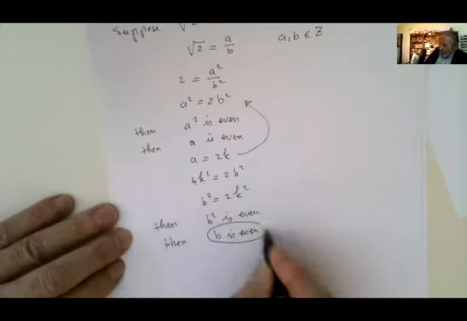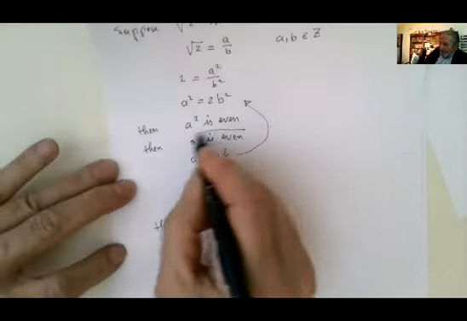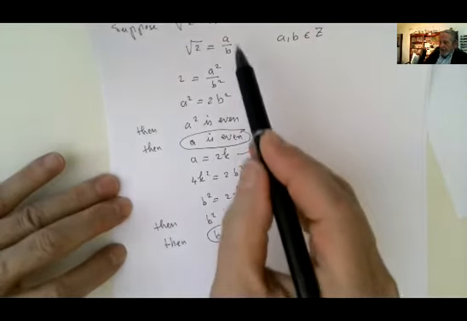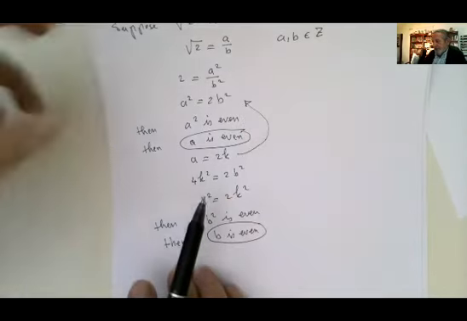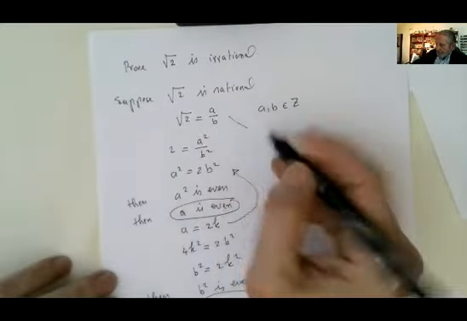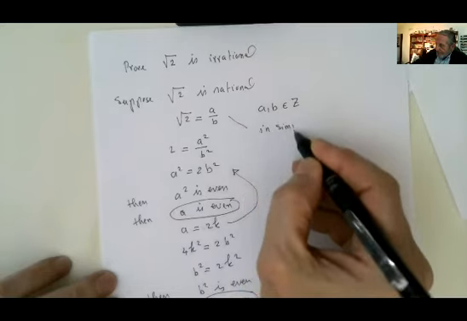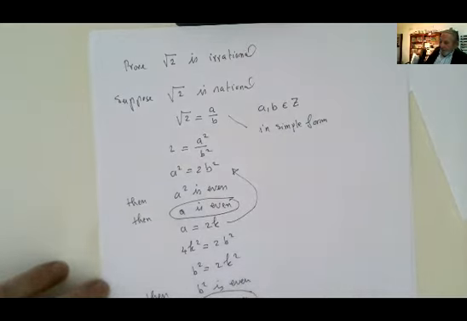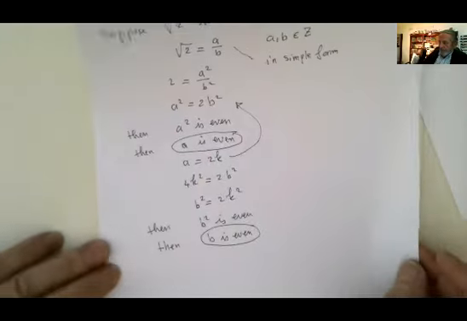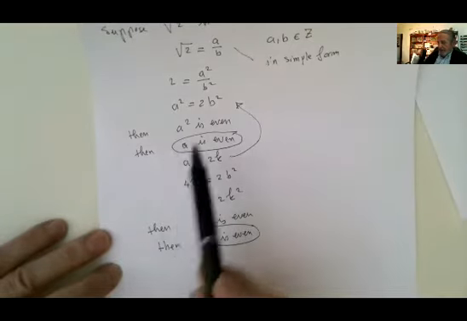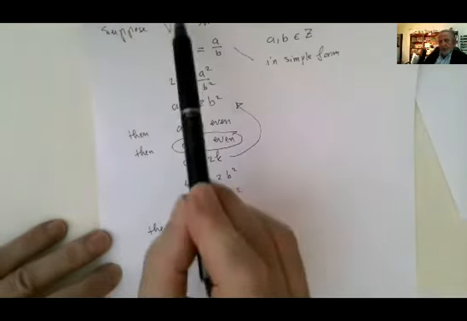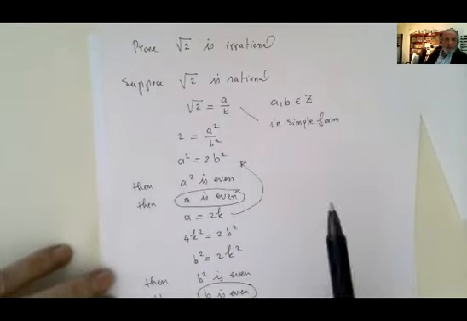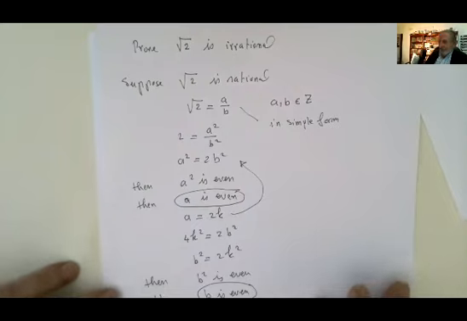So now b is even and a is even, and that is in contradiction of what we said, that a over b is in its simple form. So you see how we got a contradiction, and the reason we got this contradiction is because we supposed square root of 2 is rational. So therefore, square root of 2 must be irrational.